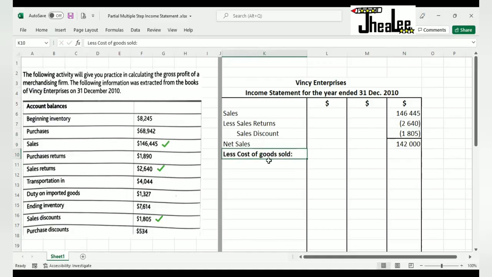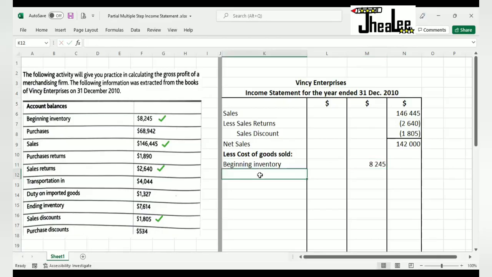And to calculate our cost of goods sold, the first thing that we need to look for is if there is any beginning inventory. And yes, we have beginning inventory of $8,245. So we're going to record that beginning inventory. And the value for the beginning inventory is $8,245.